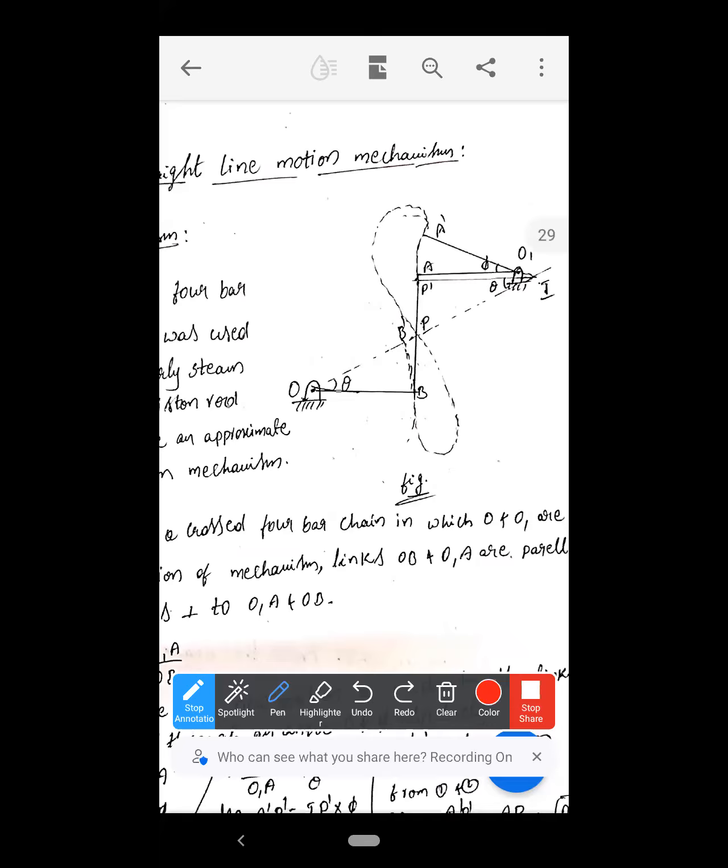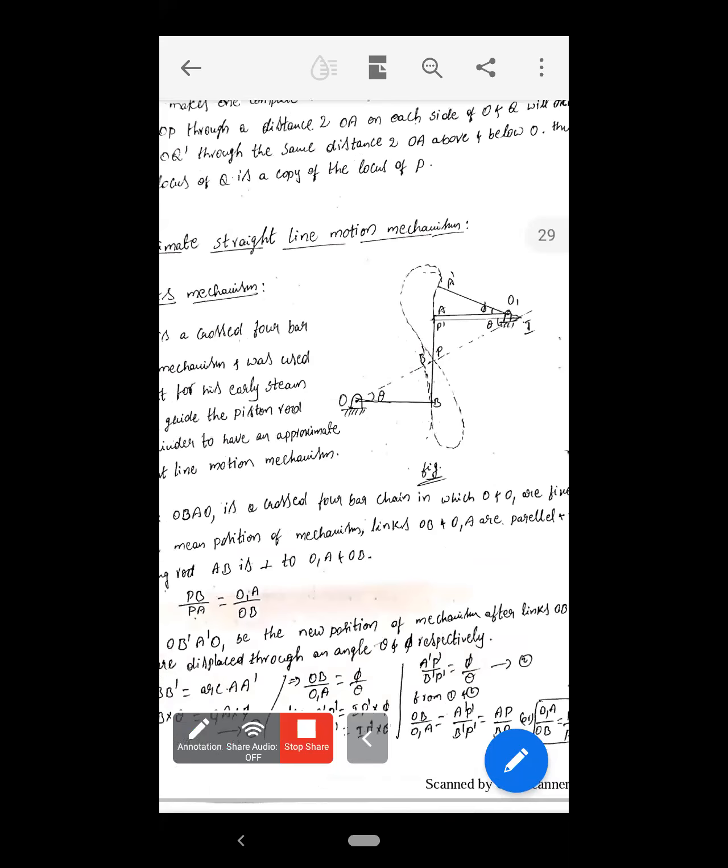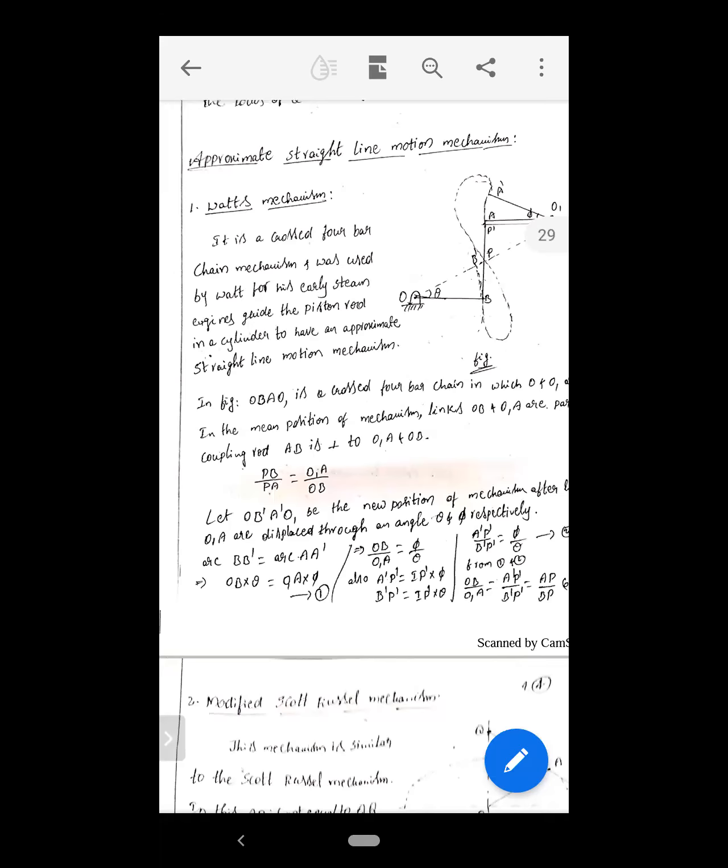This is 1, this is 2, this is 3, and this is 4. 4 links are there. It seems to be a crossed 4-bar chain mechanism.